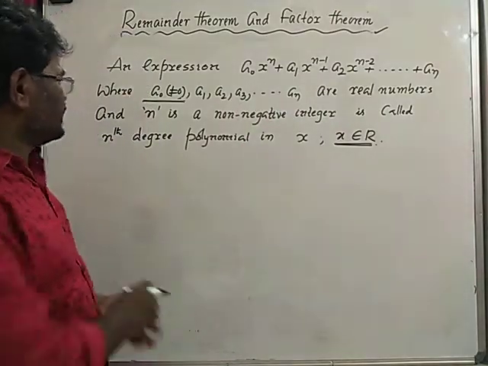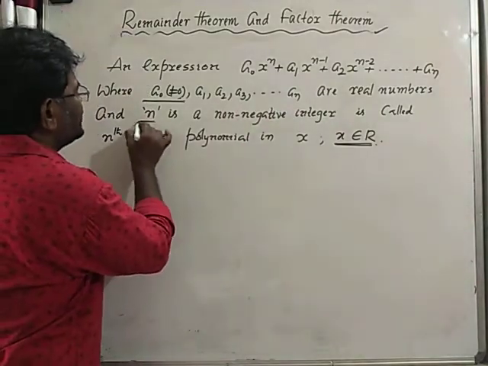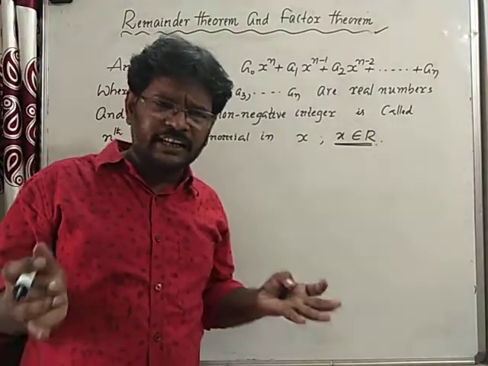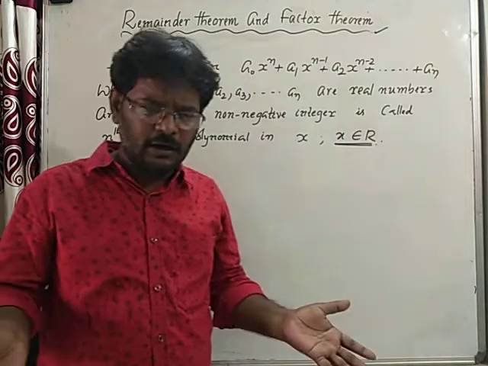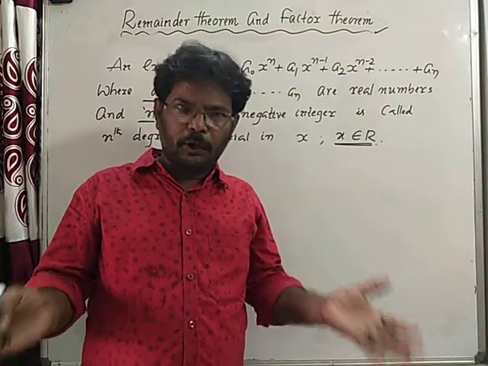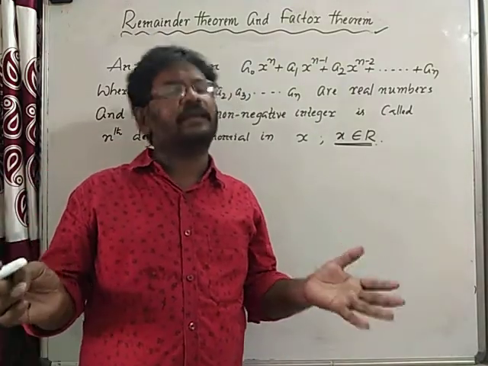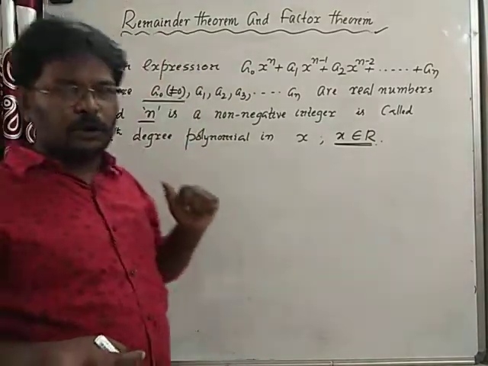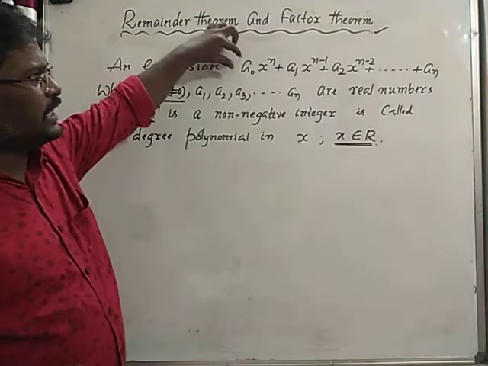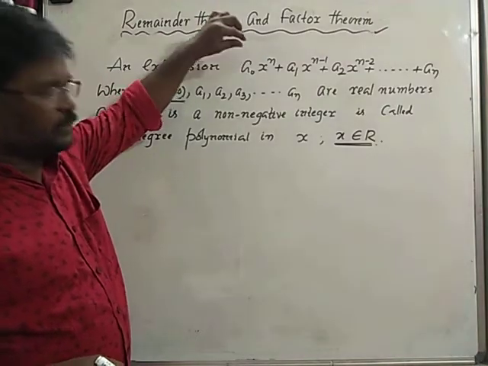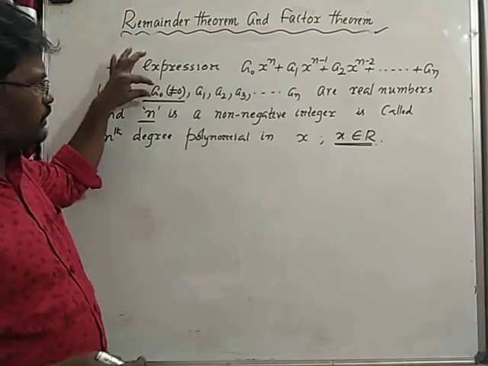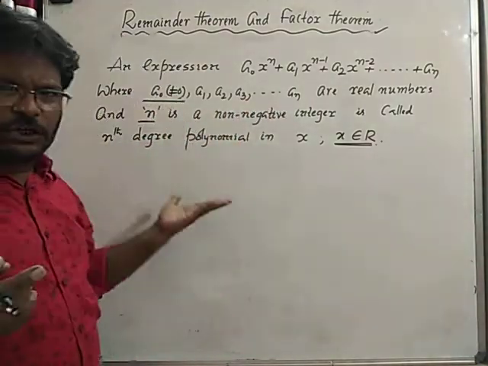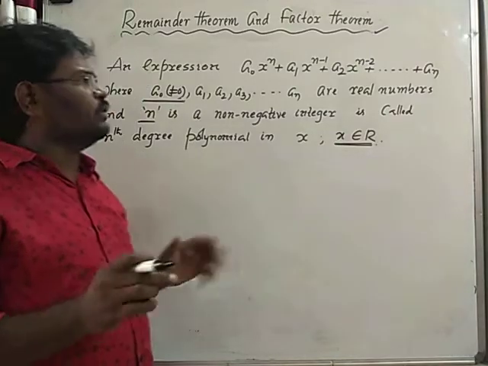What you are writing here is an nth degree polynomial. Already we learned degree. Degree is the highest power of all the terms in a polynomial or an algebraic expression. Already we discussed that this is the nth degree polynomial. That's why the leading coefficient, the nth power coefficient, should be not equal to 0. Remaining a1, a2, a3, an may be 0 or not. Don't bother, no worry.